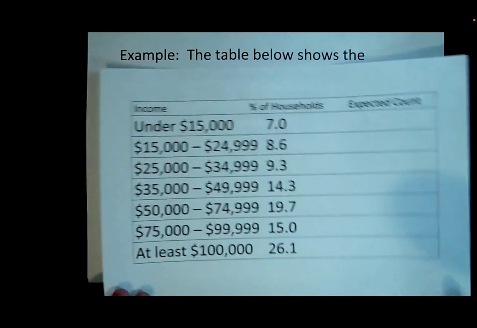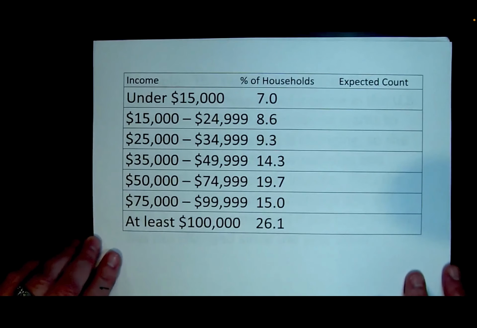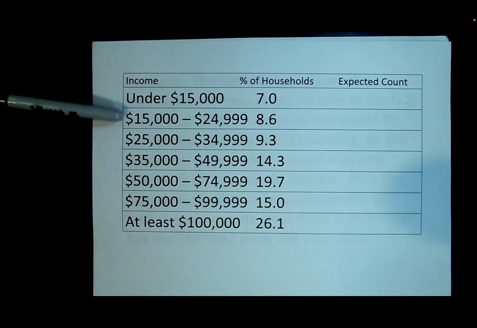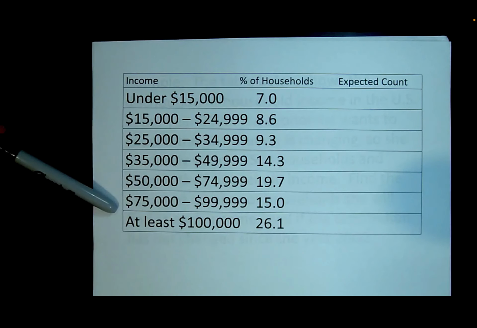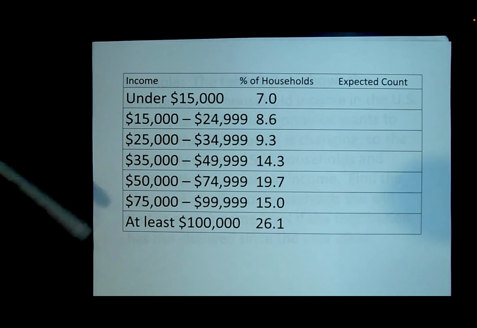Okay, so let's just look at the table for a sec. So we've got these categories of income, and notice even though income is really quantitative, we've put it in categories, so we're not really using exactly the numerical aspects of the dollar values.